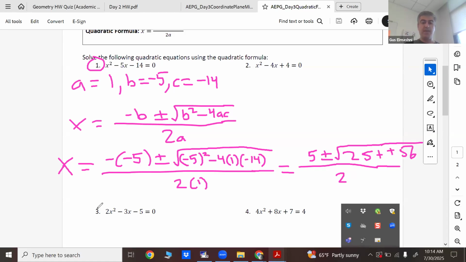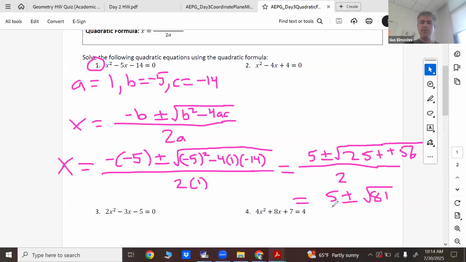And you get 81, which is a perfect square. So it's 5 plus or minus root 81 all over 2. Or it becomes 5 plus or minus 9 all over 2.